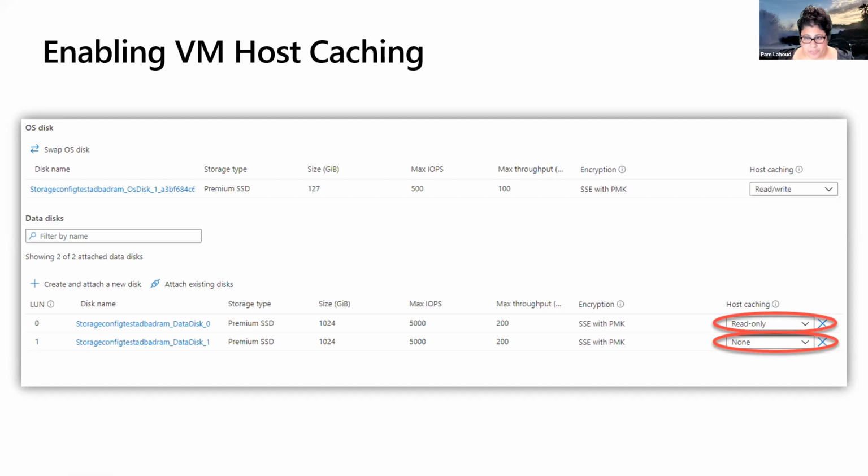The reason for this is you can do read-write caching. However, SQL Server force flushes IO to the physical storage, which means we cannot honor write caching. In order to guarantee durability, we have to guarantee that the write went all the way through to the disk.